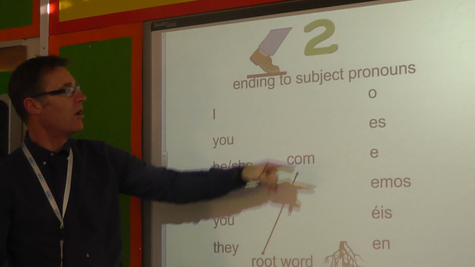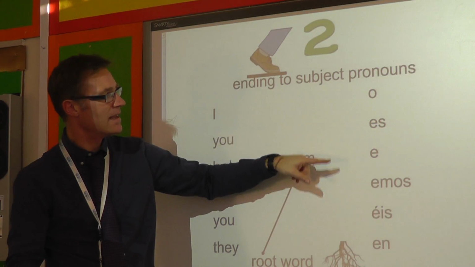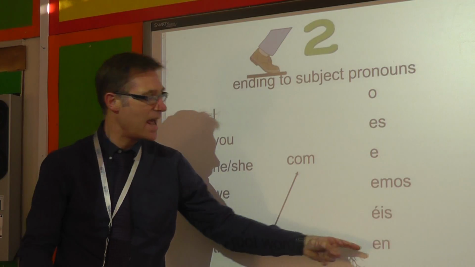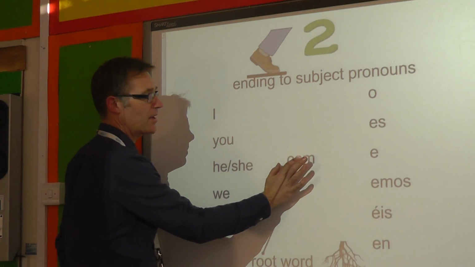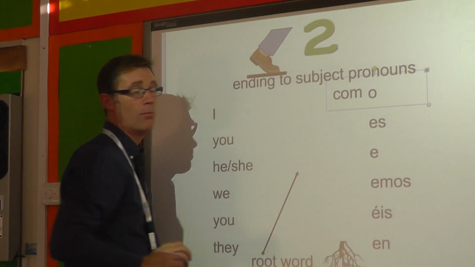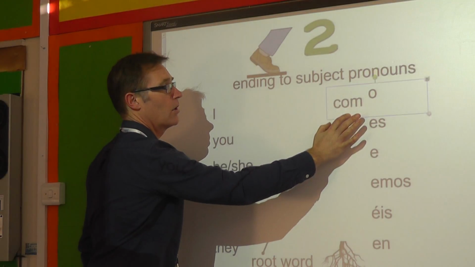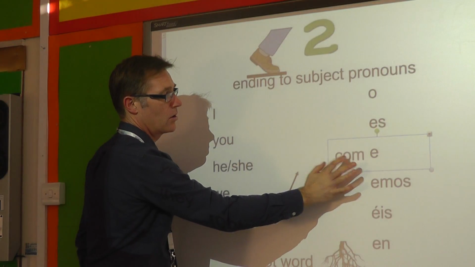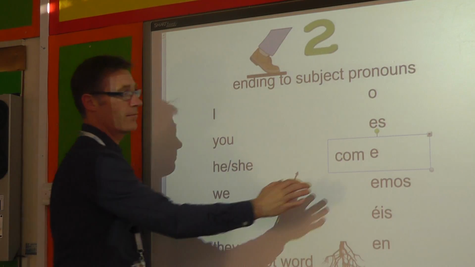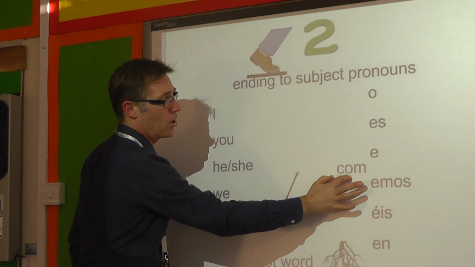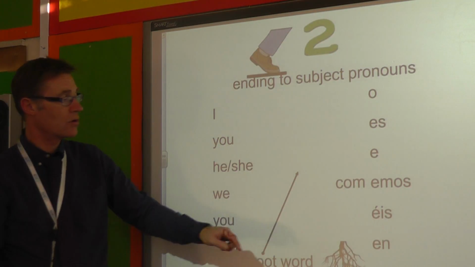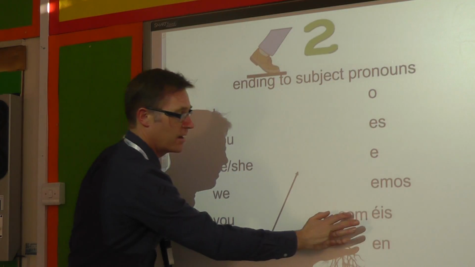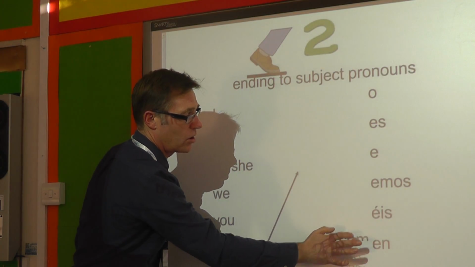And this time we've got o, es, e, emos, éis, and en. So we have como, comes, come, comemos, coméis, and finally, comen.